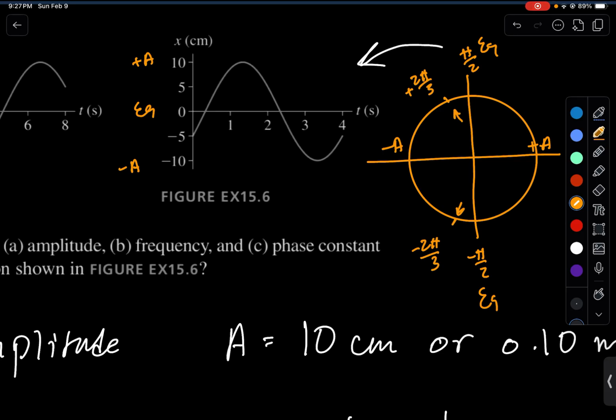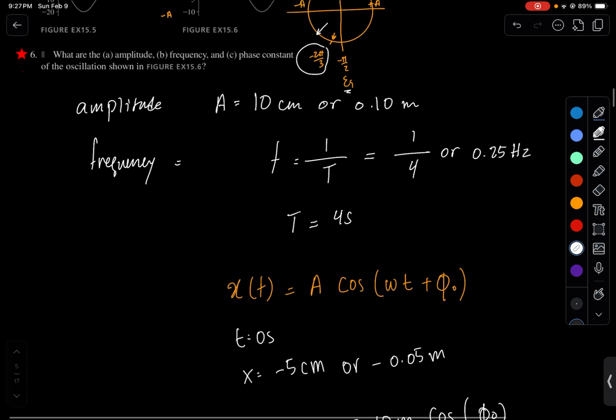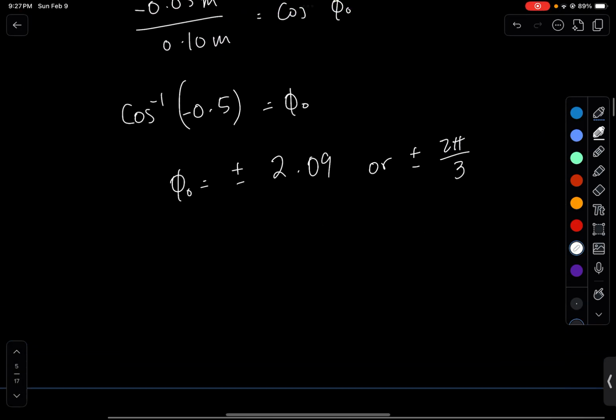From the graph, we see that we already left the minus amplitude, and we are on our way to the other equilibrium, the second equilibrium to the positive side. Because you see here, we are moving to the positive amplitude. So based on the graph, this is the right one to choose: minus 2 pi over 3.